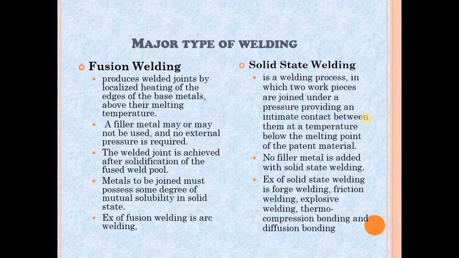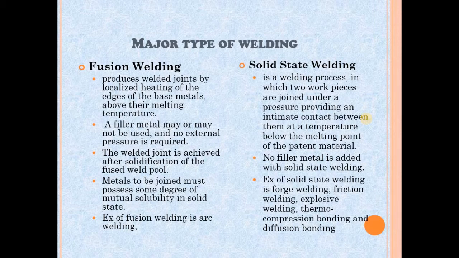Next, there are two types of major welding, that is fusion welding and solid state welding. For fusion welding, it produces a welded joint by localized heating of the edge of the base metal above its melting temperature. For fusion welding, a filler metal may or may not be used and no external pressure is required.